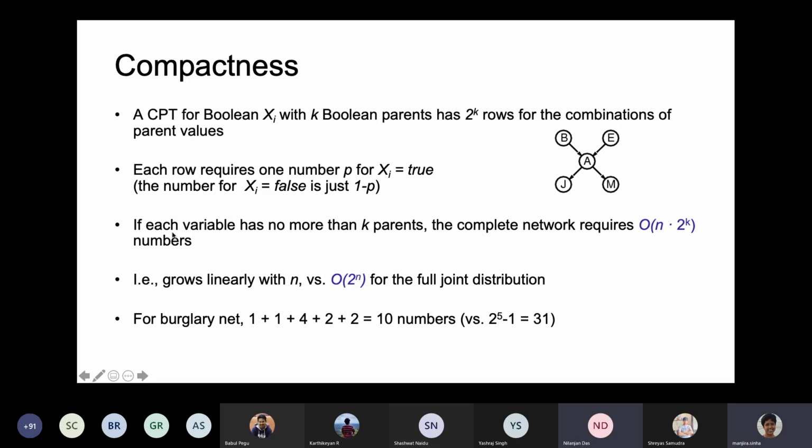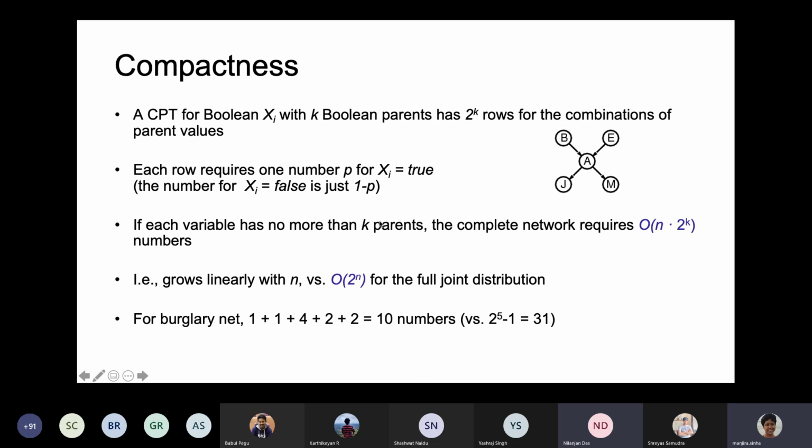Okay. Now, if each variable has no more than k parents, say this is some constraint that we impose on the graph, say at max a variable can have 3 parents. So the complete network requires only n into 2 to the power k numbers.